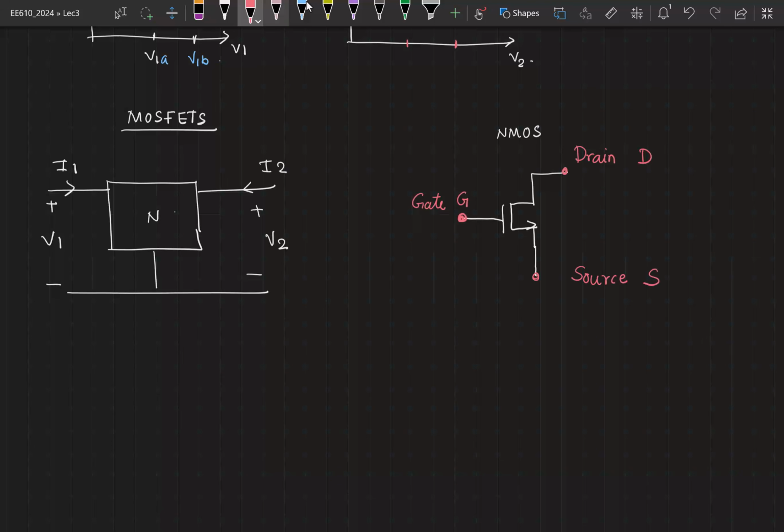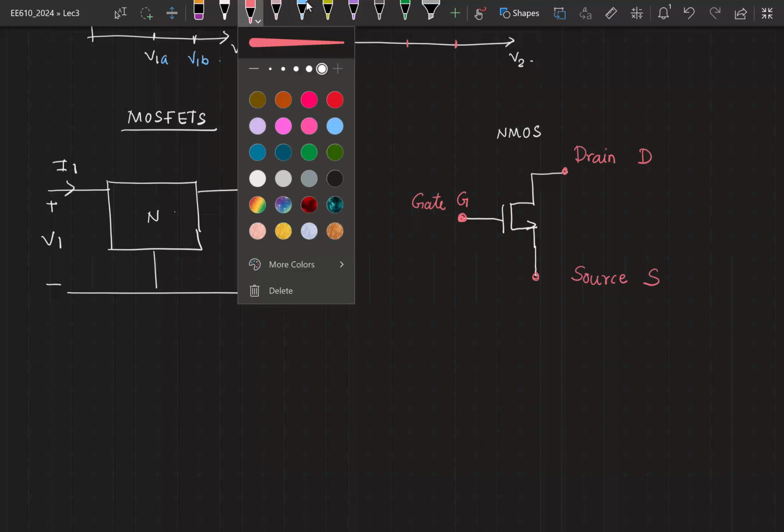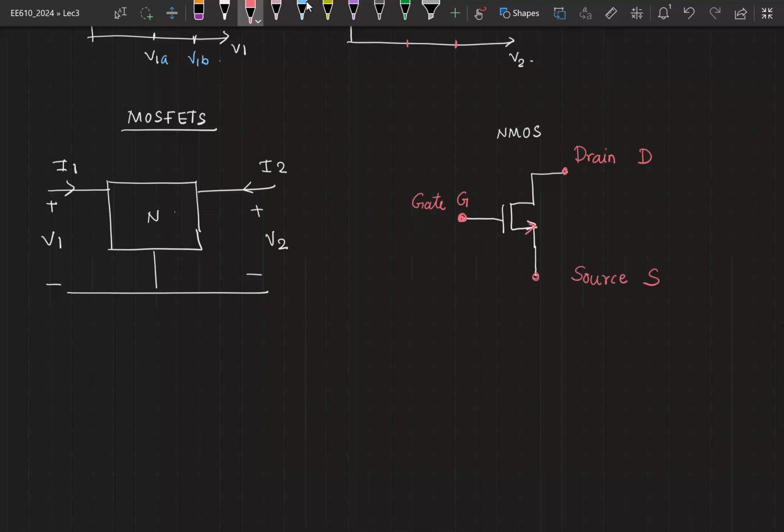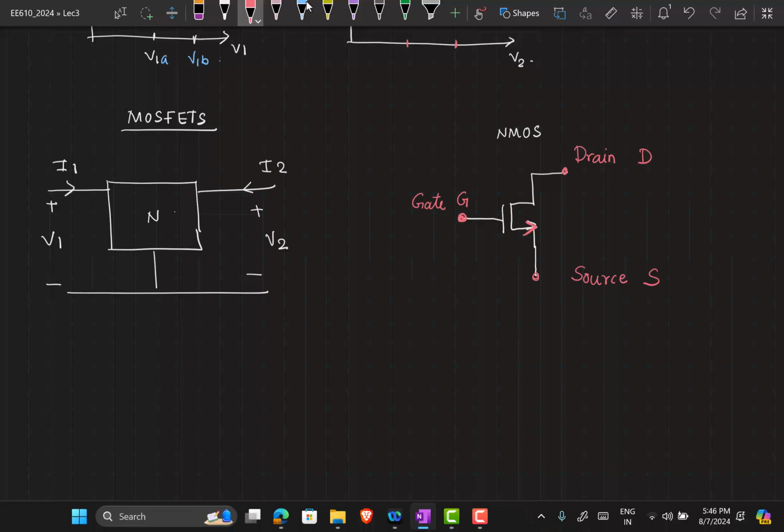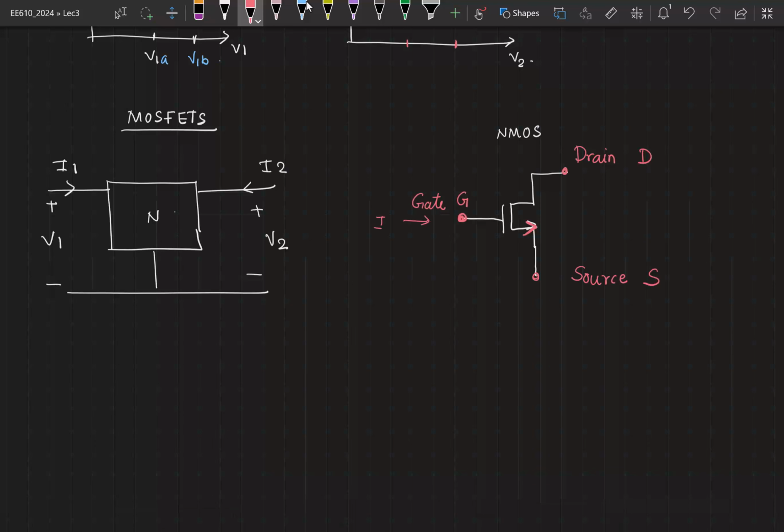The source terminal has this arrow as shown here. Now, the terminal between gate and source is your terminal 1, where you apply V1 and see a current I1 flowing through this. The terminal between drain and source is your V2, and the current flowing in is your I2.